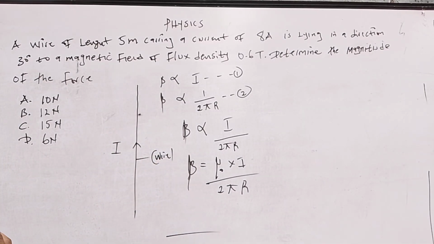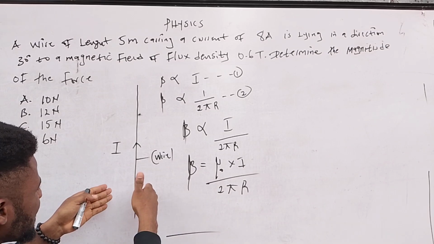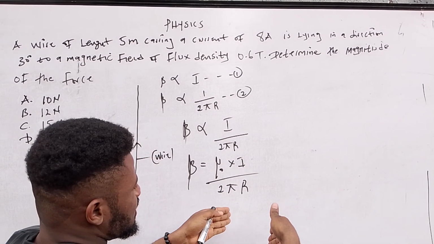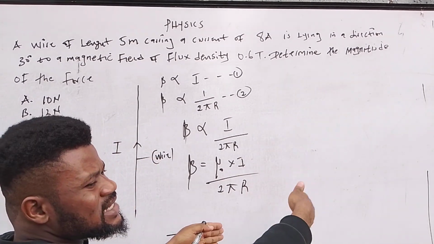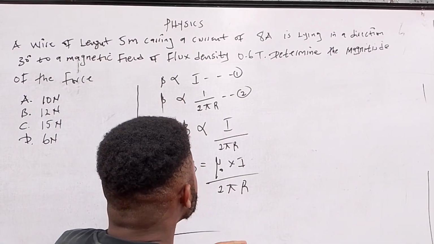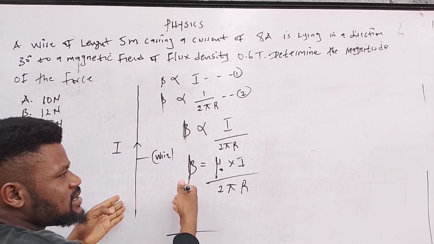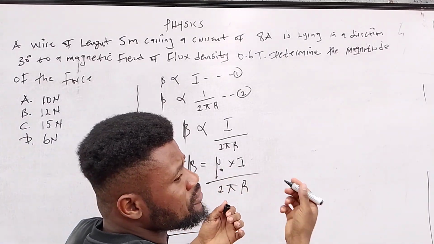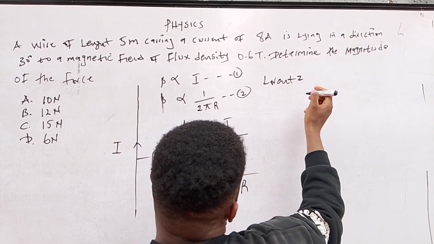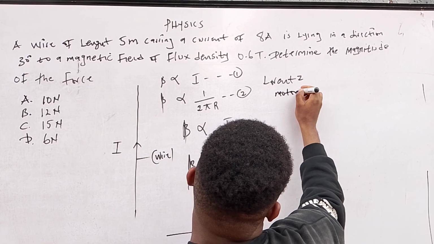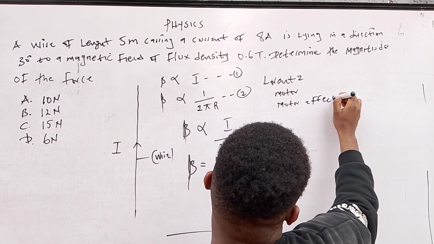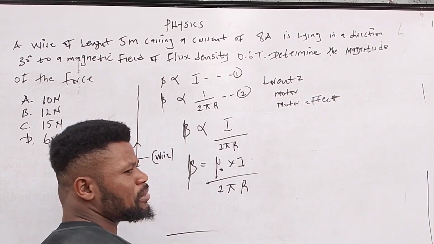Now, you were again told that if I carry a conductor carrying a current and I pass it across an external magnetic field, the conductor will experience a force called the Lorentz force, or the motor force, or the motor effect from the external magnetic field.